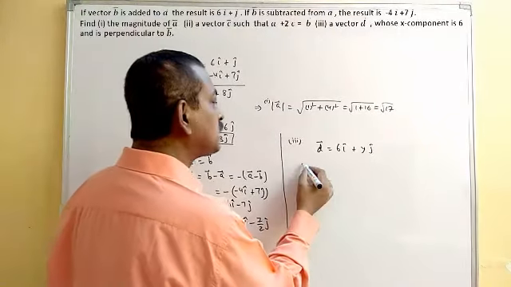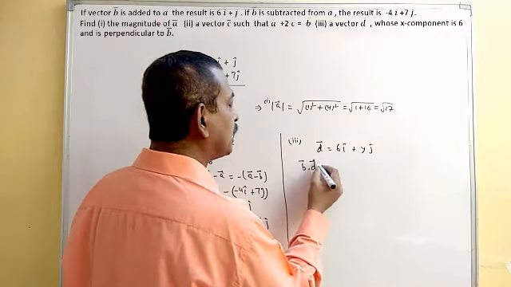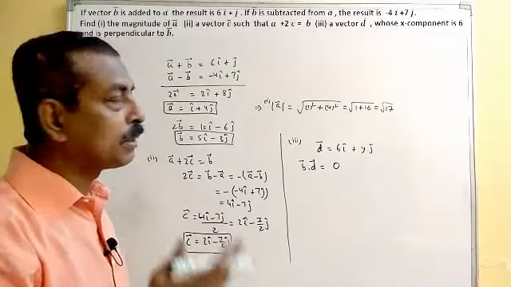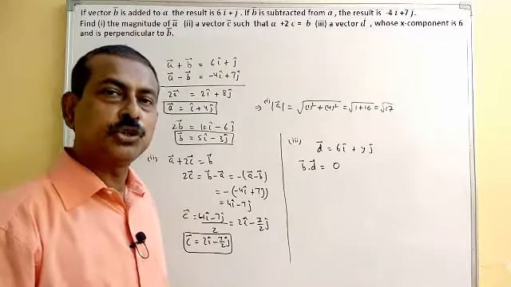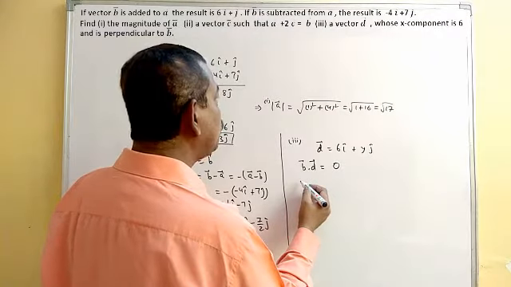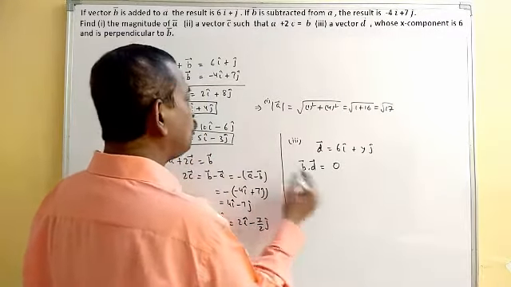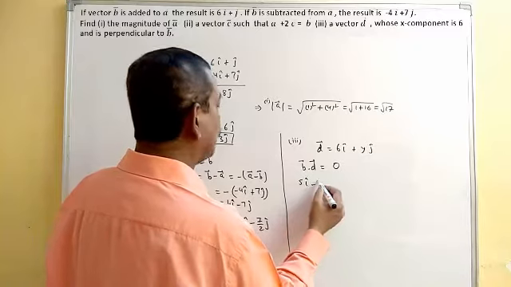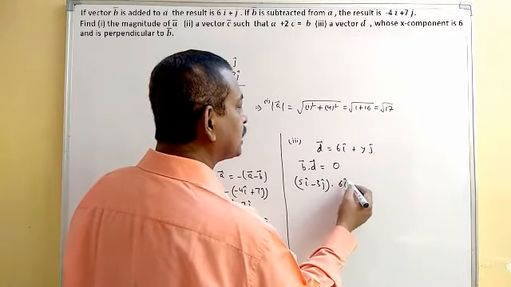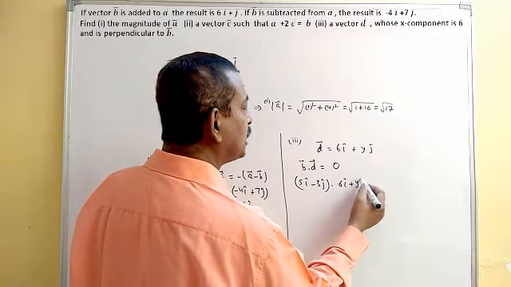It means vector b dot vector d should be 0, as they are perpendicular, so their dot product will be 0. Now vector b, which we have taken, was 5i minus 3j. The d vector we have taken as 6i plus yj.